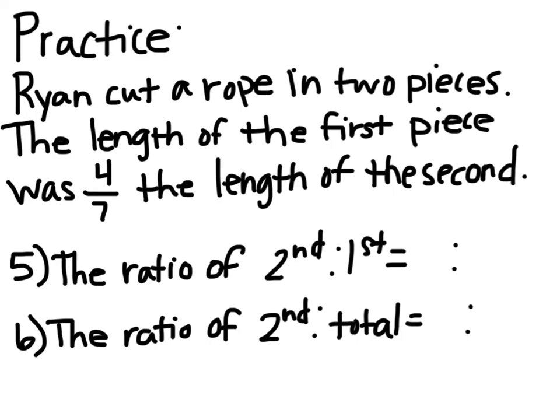Remember, the first piece will be 4 units long because the first piece was 4/7 the length of the second. So the first piece was 4 units long to the second piece's 7 units long. Then write the ratio of the second piece to the first piece to answer question 5. And in question 6, write the ratio of the second piece to the total length of both pieces.